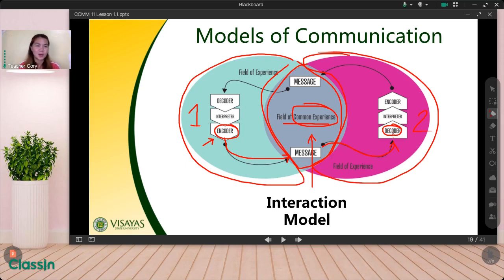So that's decoding. After decoding, after extracting the message, the person comes in with his or her field of experience, culture, and everything. The personality of the person, he will be using that to interpret the message.